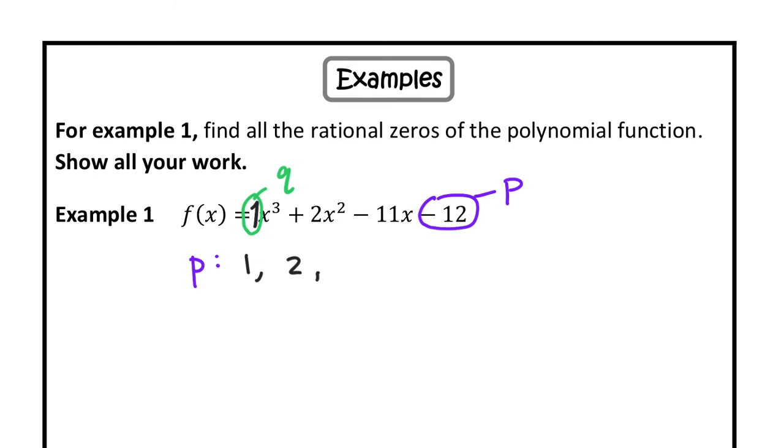Let's write them out again. So we have 1, 2, 3, 4, 6, and 12. Okay, so again, 1 times 12, 2 times 6, 3 times 4. These are all different ways to multiply to get 12, right? And we're considering all the positives and negatives.